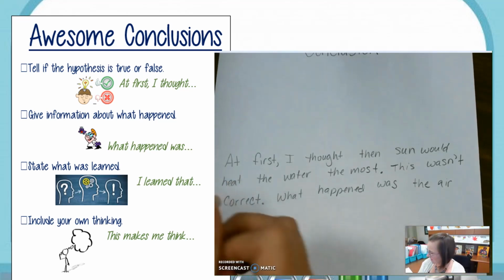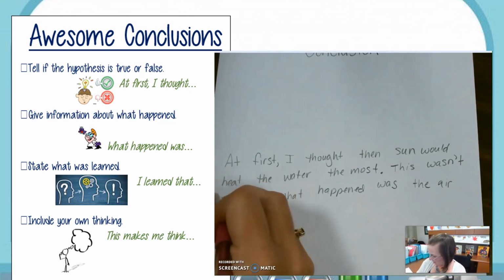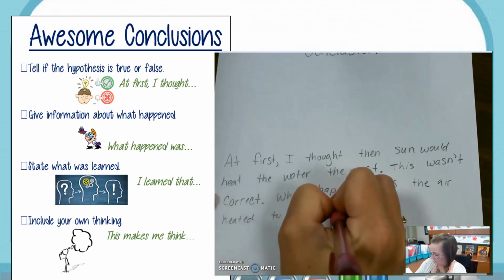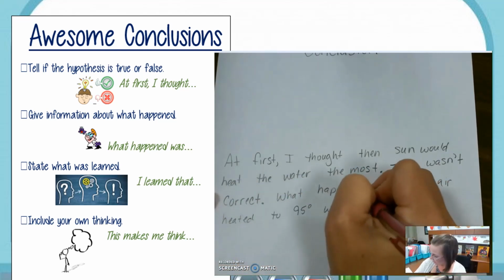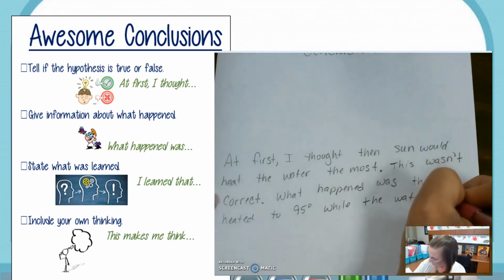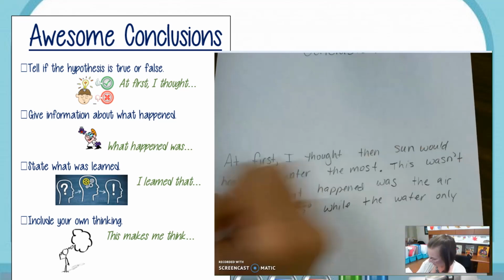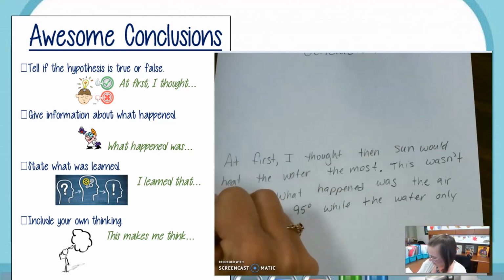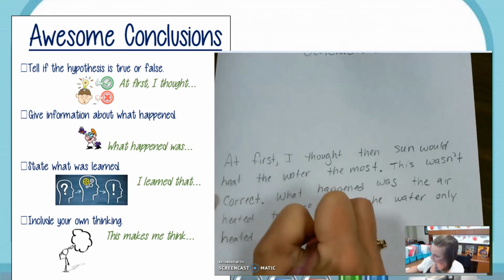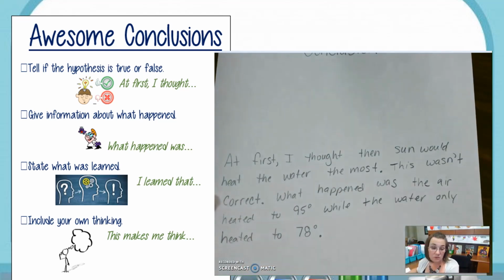What happened was the air heated to 95 degrees while the water only heated to 78 degrees.